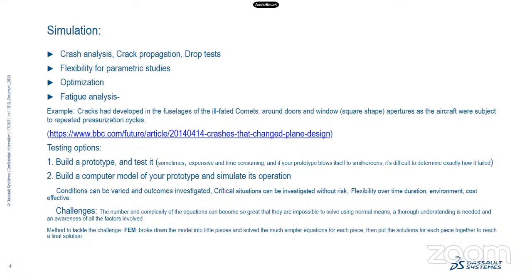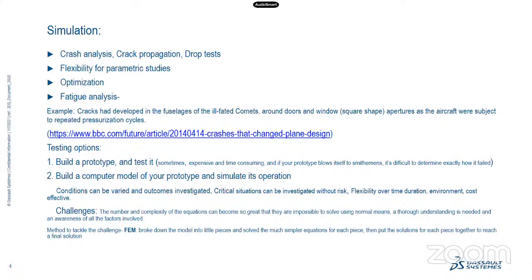But take a crash type of analysis or a drop test: how will you do the actual testing? You can do it, but when the failure happens, we need to study more how the parameters vary. That is not easy with experimental testing. So for that we need simulation.